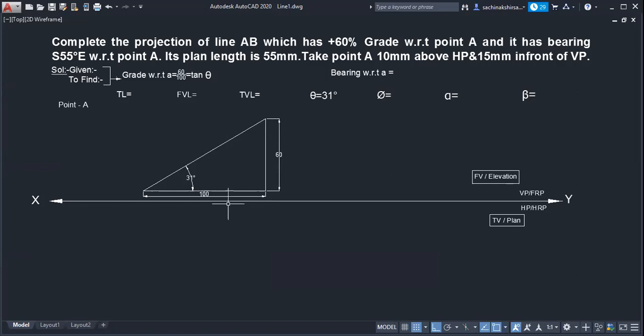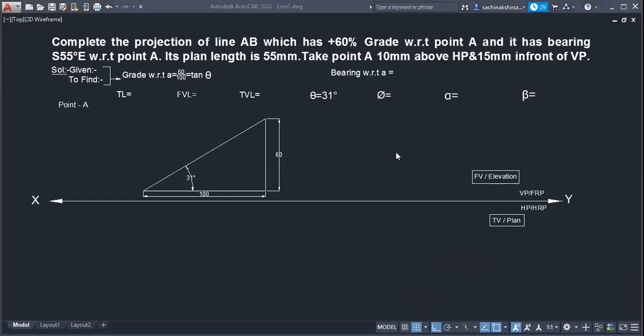Which method do you feel is easy? Calculation. Direct Y by X. No issue then. Y by X, you can take tan inverse of that, and you will get theta.